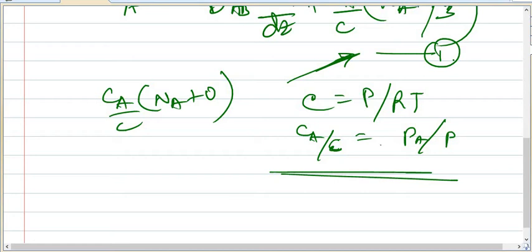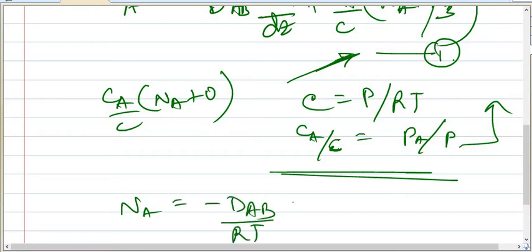Further, if we replace these terms in equation number 1, we get NA is equal to minus DAB by RT dPA by dz plus PA by P NA.